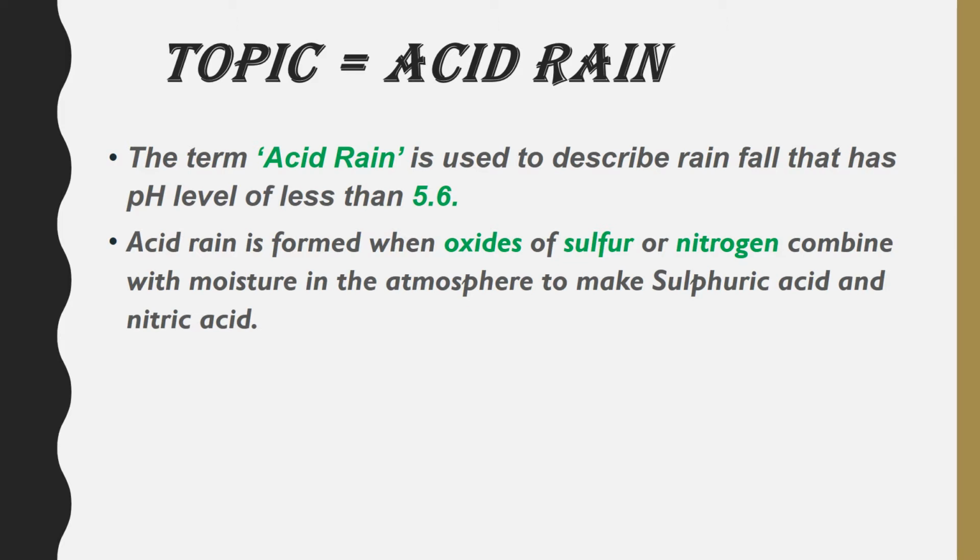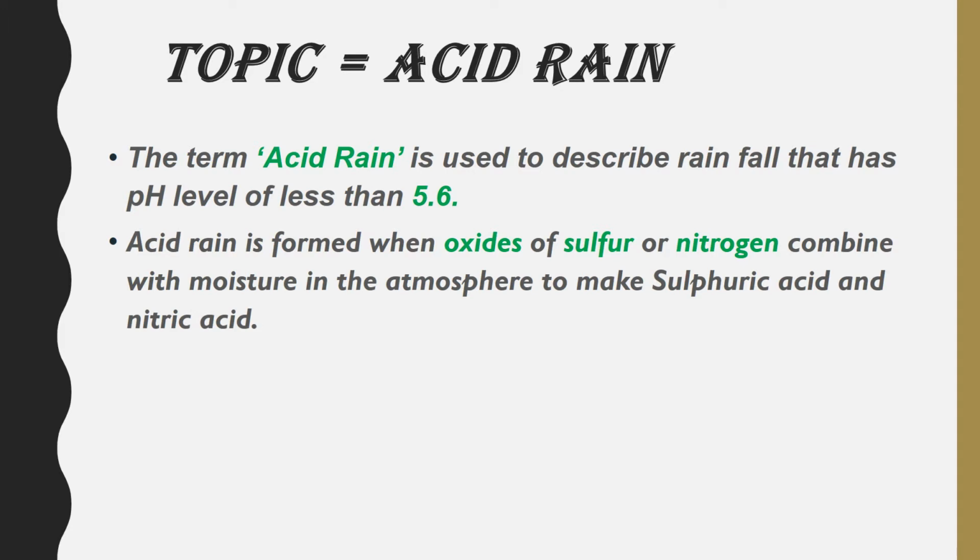Here we can find whether a solution is basic or acidic. The numbering from 1 to 6.9, nearly to 7, is acidic.